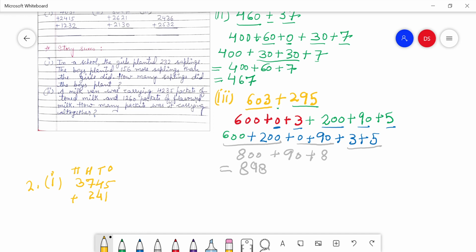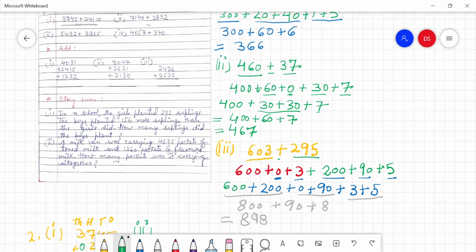So in maths we start writing numbers from the right side, and to balance it we can put here 0. Which place is blank, we can put there 0. This is 6, 4 plus 4 8, 7 plus 2 9, and this is 3. So in this manner we will do next questions.